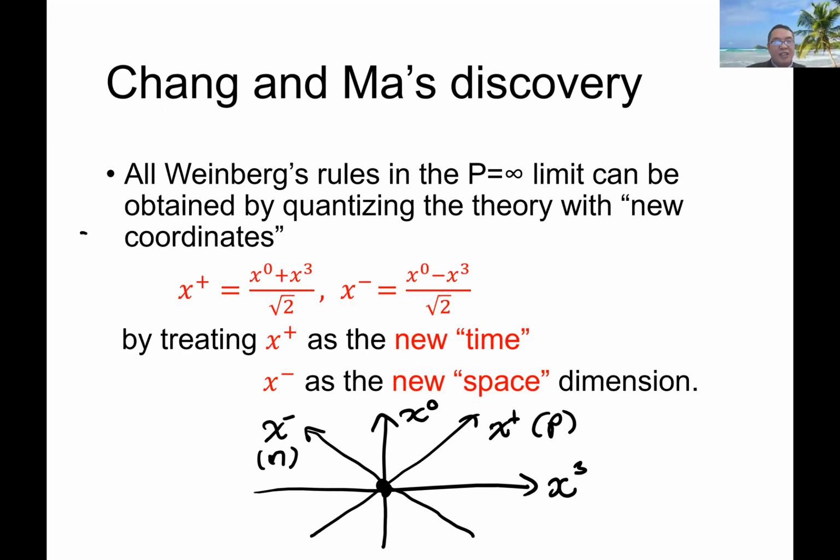And the trick is that you quantize using x plus as the new time and x minus as the new space. If you look at this coordinate here, you have time vertically and space horizontally, and then the new time is actually going towards the upper right-hand side, and x minus is the new space. I'm going to call the direction P for the new time, and the light cone space is the direction called N.